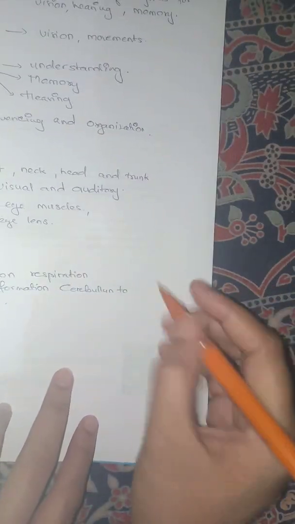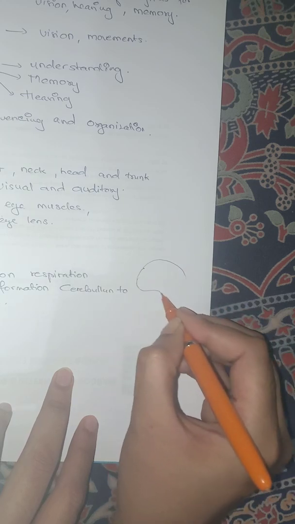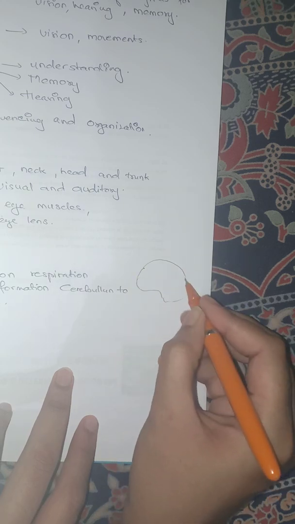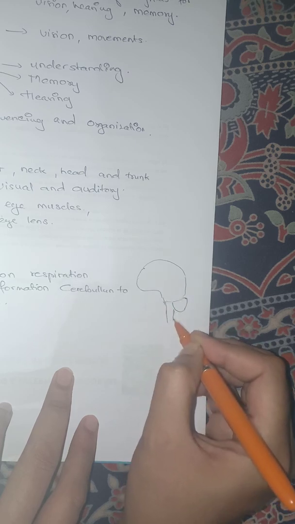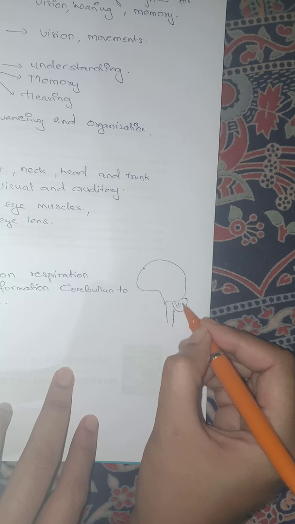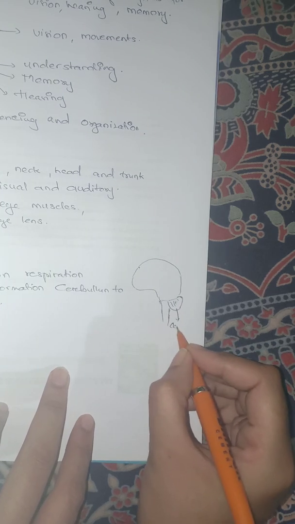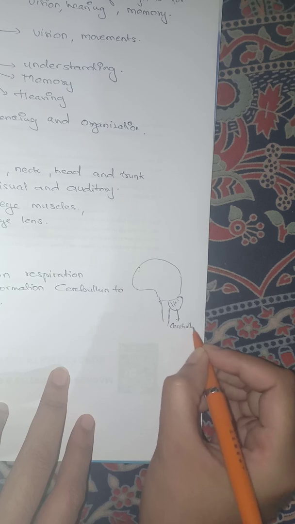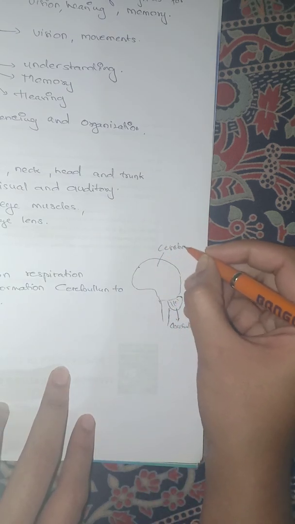Basically when we talk about the pons, where is it located? When we see the structure of the brain, I will draw a rough diagram. So you have something of this kind. This lower part is your cerebellum, and this part is your cerebrum.